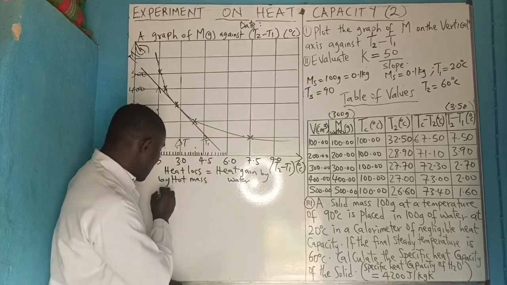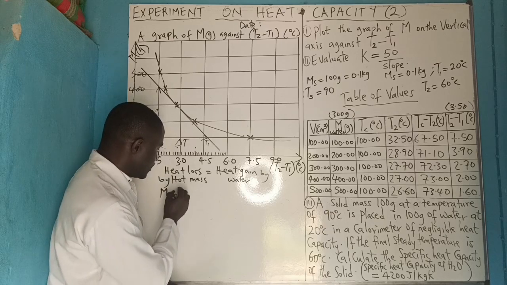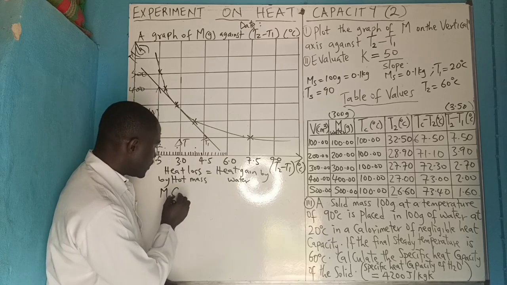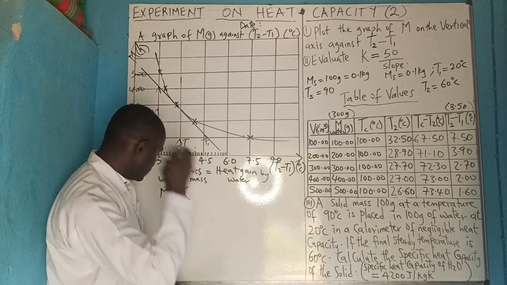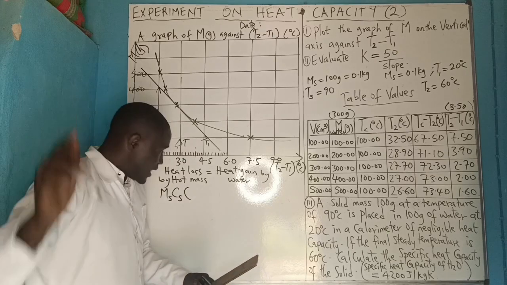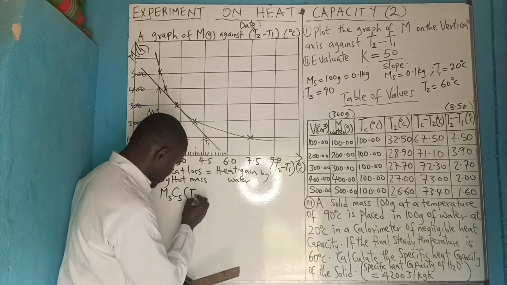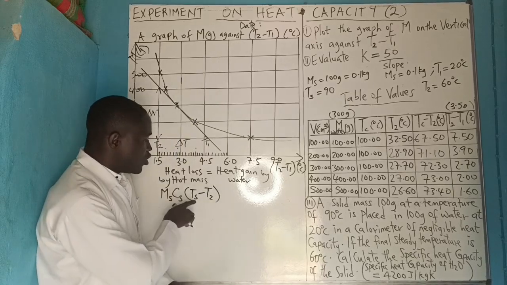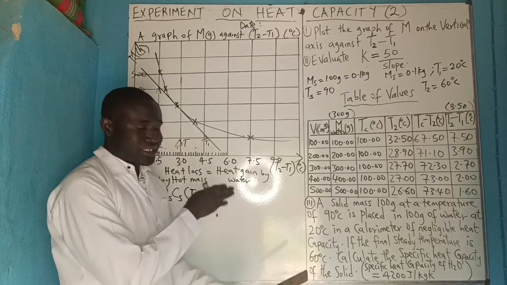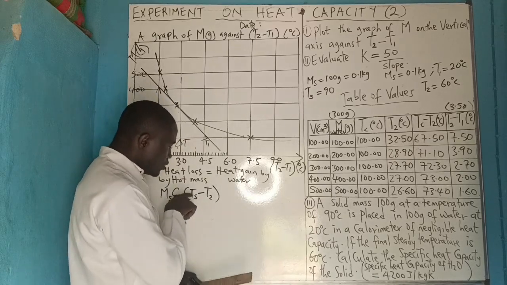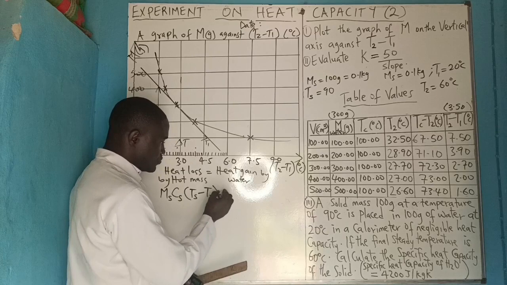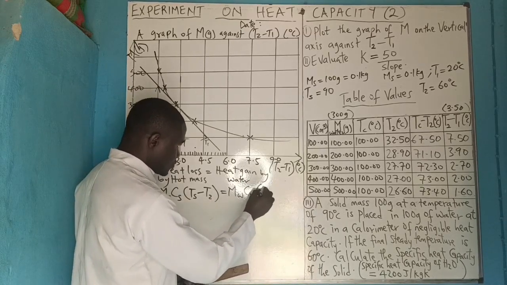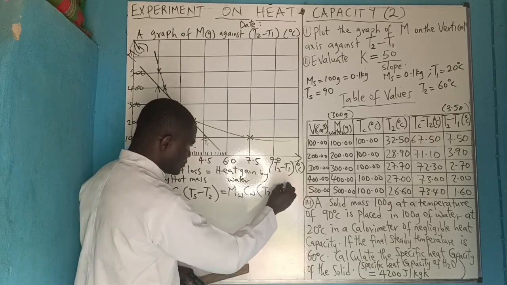And so we say mass of the solid, C of the solid, bracket Ts, the temperature it will be losing, minus T2, equals mass of water, C of water, T2 minus T1.